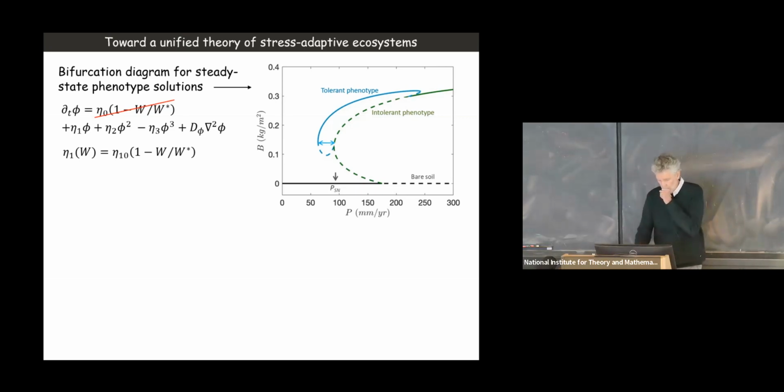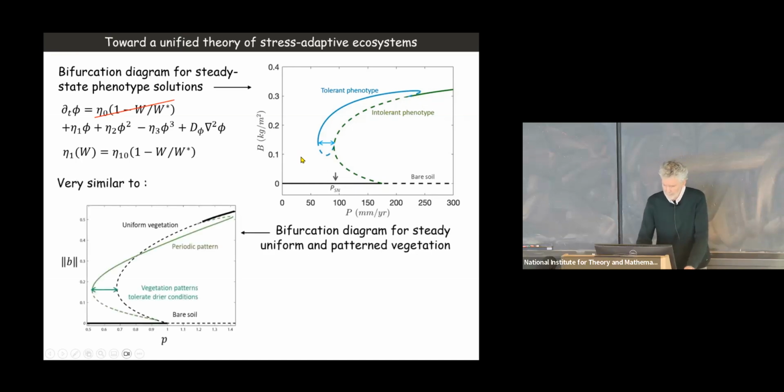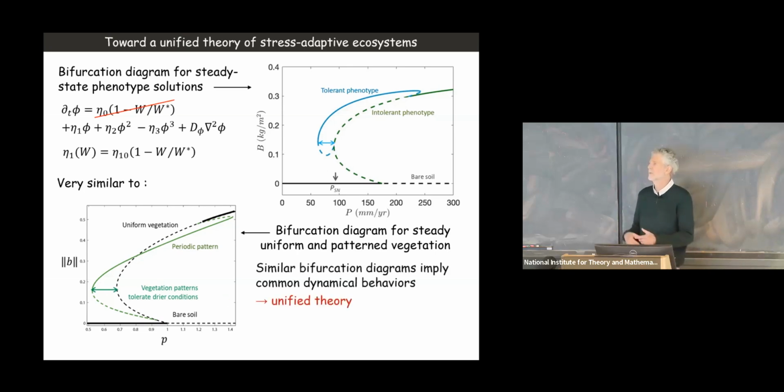For that case, we get this bifurcation diagram, which differs from the previous one in that the unstressed, intolerant phenotype doesn't disappear in the saddle-node bifurcation at this point, but rather is destabilized. And this bifurcation diagram is basically the same as the one we observe for spatial patterning. Here we have uniform vegetation that is destabilized to periodic patterns.